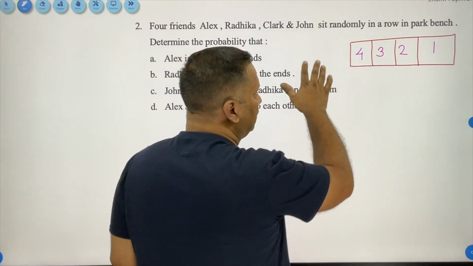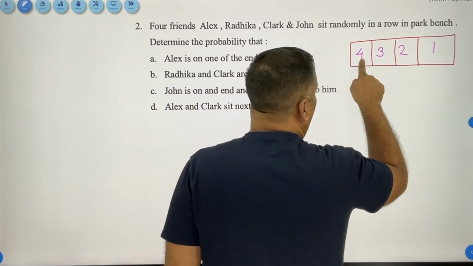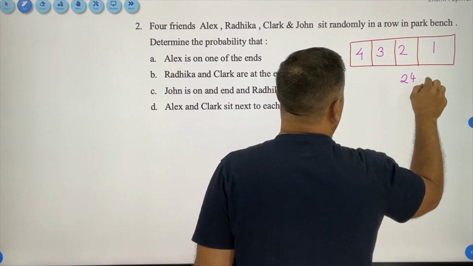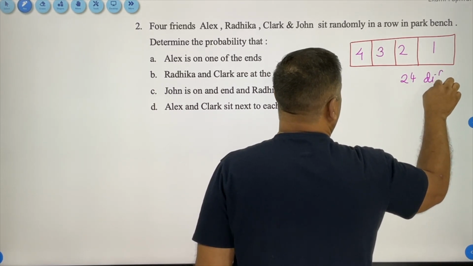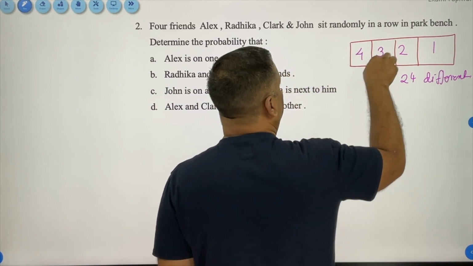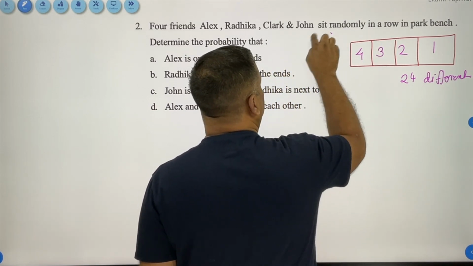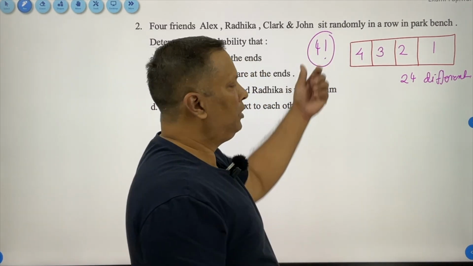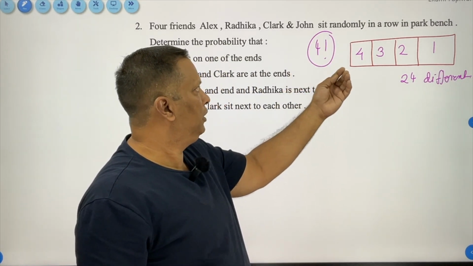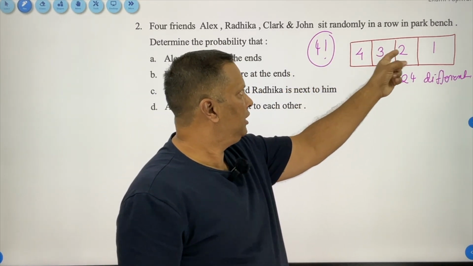Now how many ways can this whole thing be done? This is 4 times 3, 12, 24 times 1. 24 different combinations. This is also called 4 factorial. This comes in counting principles, factorial. As of now, I've explained how that 4 factorial works. 4 times 3 times 2 times 1.